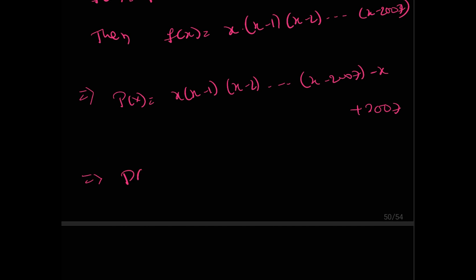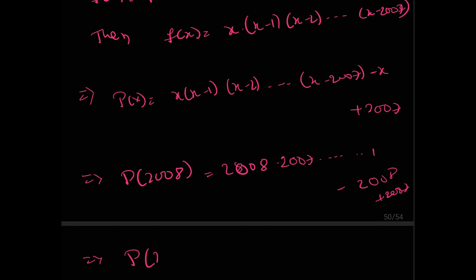Therefore, p of 2008 will be 2008 into 2007 and so on up to 1, minus 2008 plus 2007. That means p of 2008 will be 2008 factorial minus 1.